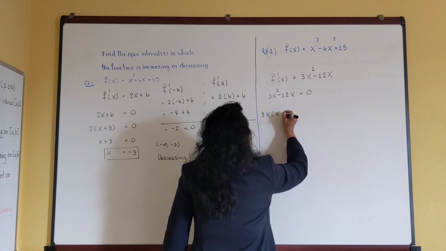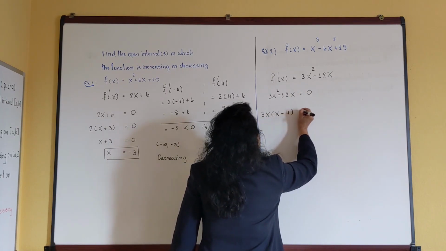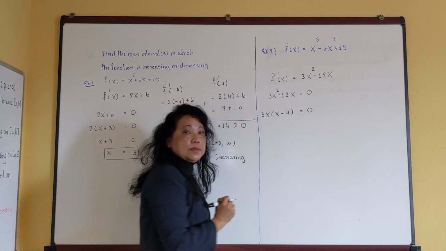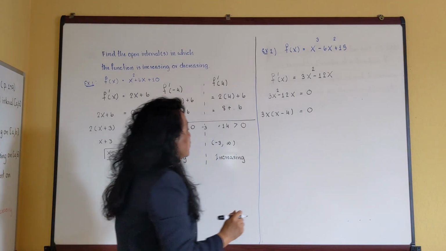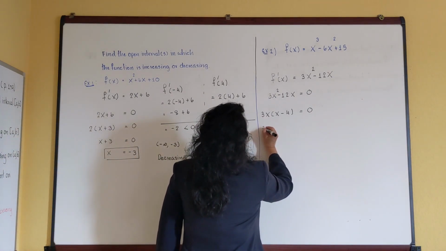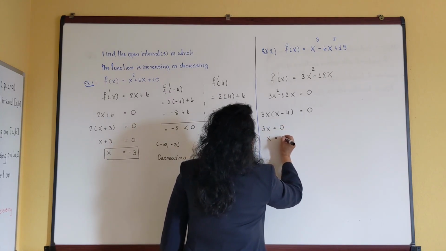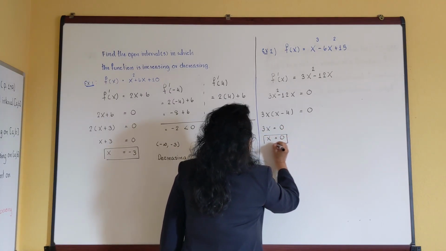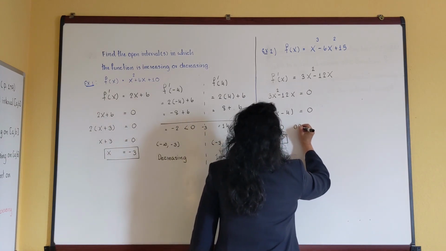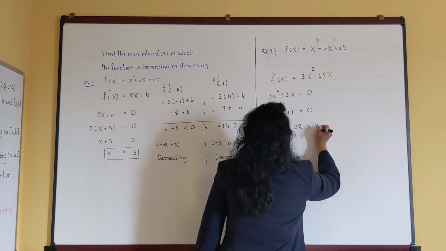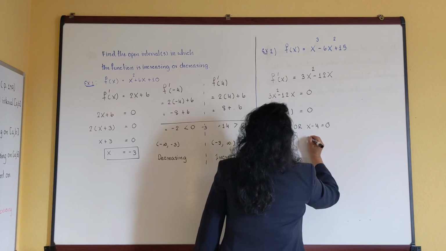So I have 3x times x minus 4 equal to 0. From here, either 3x equals 0, which means x equals 0, or x minus 4 equals 0, which means x equals 4.